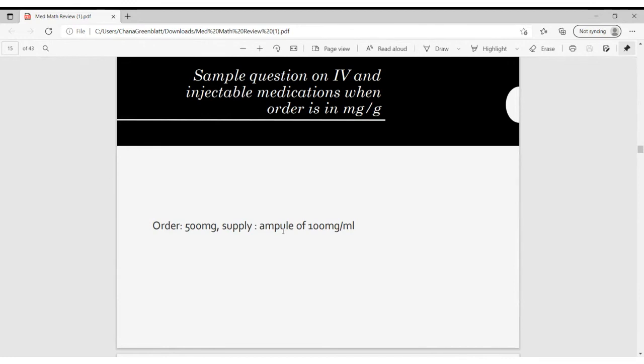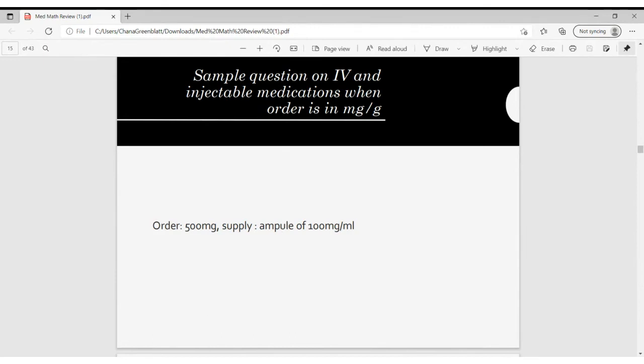And the ampule, the ratio on the bottle, so this is not how much is in the bottle, but inside the bottle it says for every 100 milligrams of ampicillin here, that is 1 ml. It doesn't say 1 ml there because you don't need to write it, but just pretend that it's there.